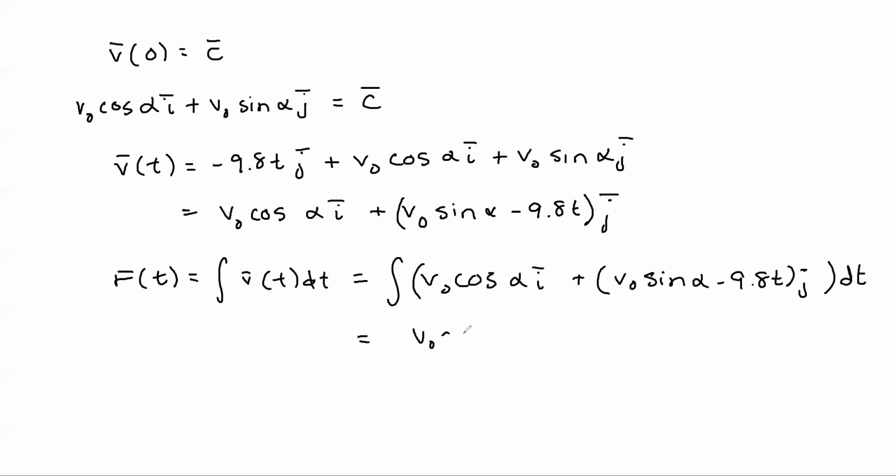That gets us v naught cosine alpha t i, and then plus, if we antiderivative this, is going to be v naught sine alpha t, and then minus the antiderivative here will be 4.9 t squared j plus c.